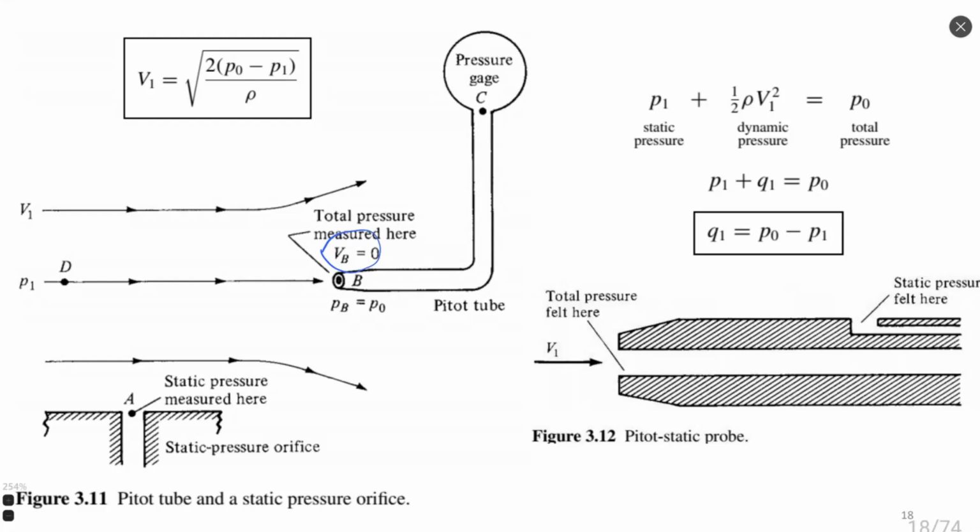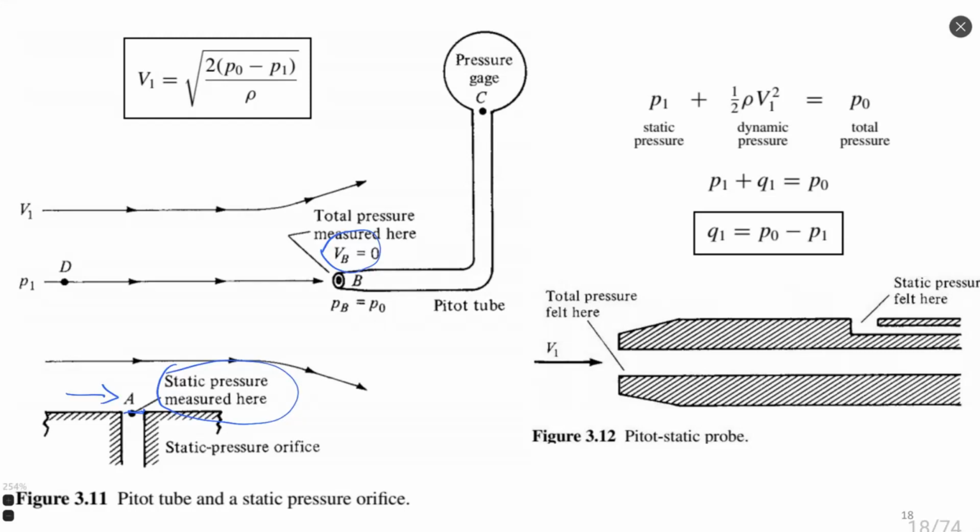And the second sensor is parallel. See, the orifice is perpendicular to flow. And in such a case, flow does not enter, does not flow inside this tube, and we can measure static pressure at this part.